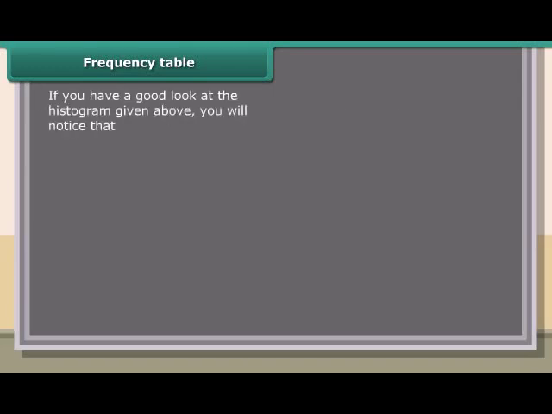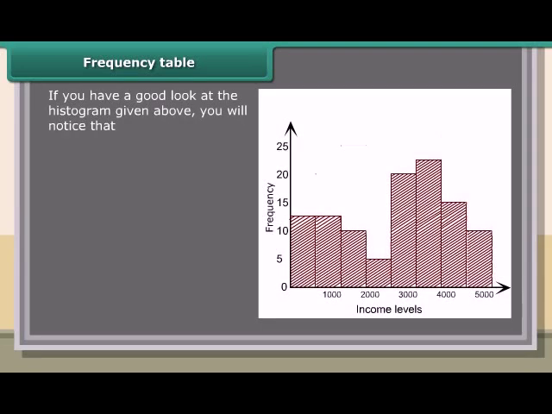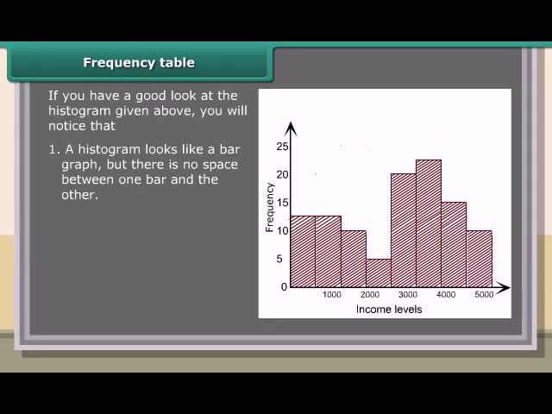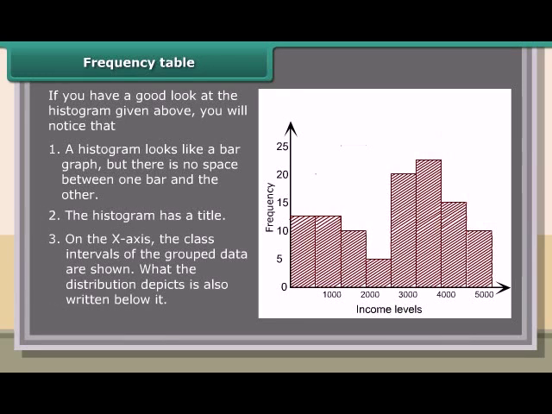If you have a good look at the histogram given above, you will notice that: 1. A histogram looks like a bar graph, but there is no space between one bar and the other. 2. The histogram has a title. 3. On the x-axis, the class intervals of the grouped data are shown.